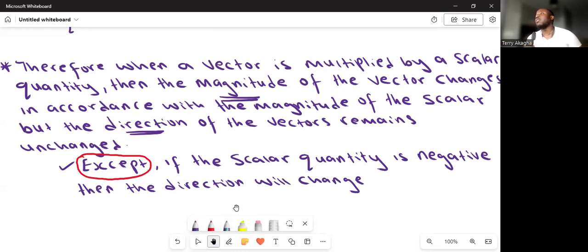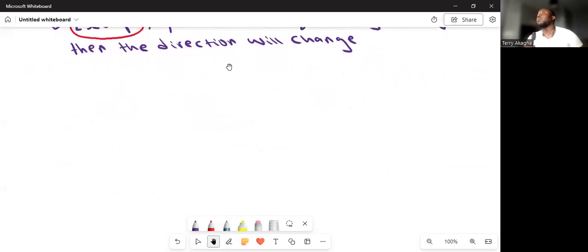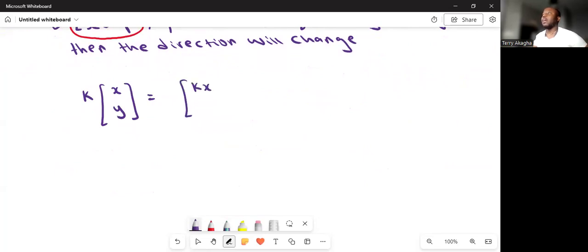So for instance, let me give an example. If you have k multiplying x and y, two components, we've already agreed that this is going to give us kx and ky. So you can see it's still in the same direction, because remember, in negative, they have to go in the reverse direction.